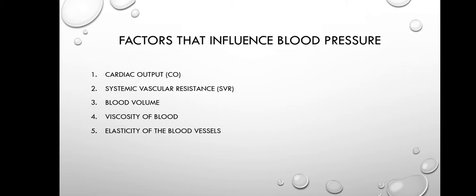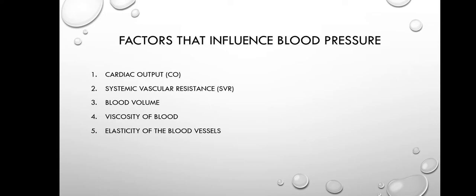Factors that influence blood pressure are mainly five. We have cardiac output, systemic vascular resistance, blood volume, viscosity of blood, and elasticity of the blood vessels. So now let's briefly talk about these factors and how they might affect blood pressure.